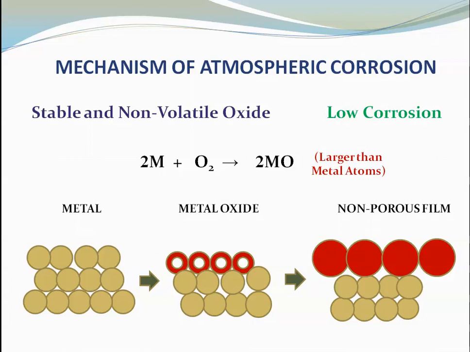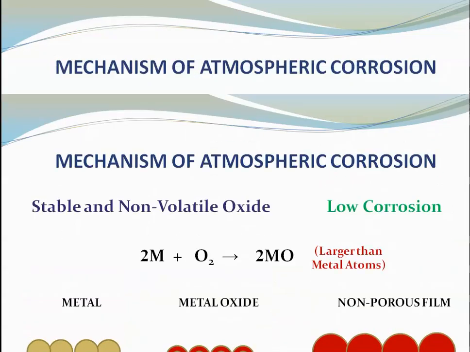It is impervious to the oxygen from the atmosphere, does not allow the entry of oxygen once formed, and therefore acts as a protective barrier. And in such cases, the rate of corrosion is low, like in aluminium or nickel or chromium.